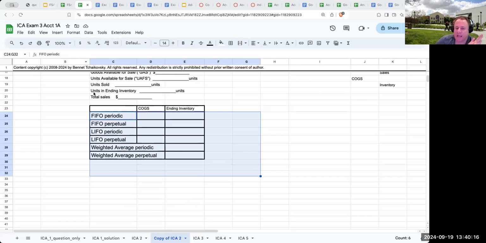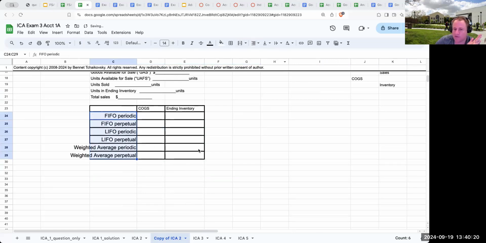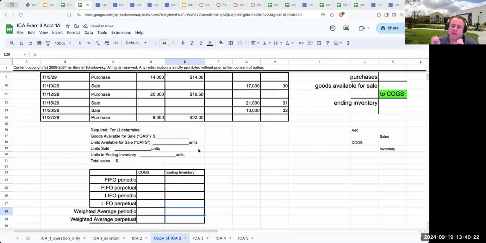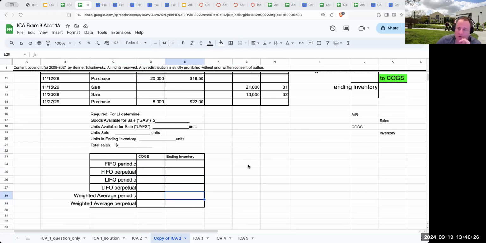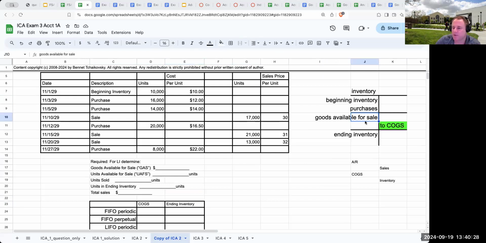But at the end of the day, with all of these questions, there are certain things that will remain constant. What does that mean? Well, the goods available for sale, under any of these methods, is going to be exactly the same.